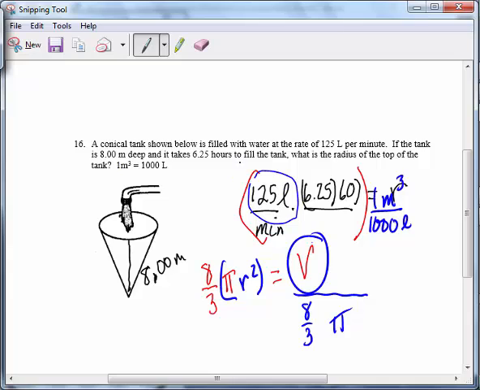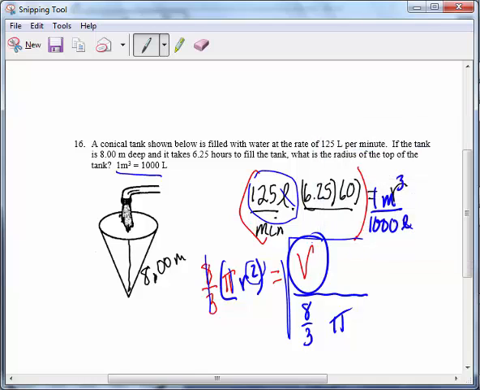All right, so we've got our formula written out here. 125 liters per minute, 6.25 hours, 60 minutes in an hour, and there's 1,000 liters in a meter cubed. So these liters are going to cancel. We're going to have meters cubed left on the numerator. And since this part has to be squared, this cancels against its denominator, and so we're left with r squared. We're going to have to take the square root of this side.